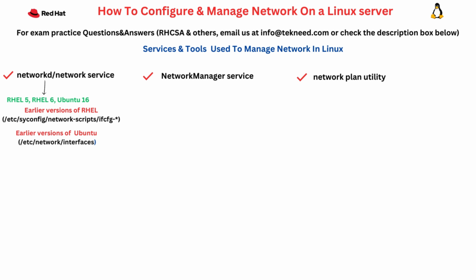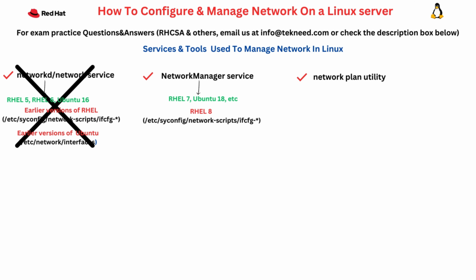As higher Linux distributions came by, the likes of RHEL 7, Ubuntu 18, and others, the network D service was deprecated and the Network Manager service was adopted. Red Hat still maintained the network configuration file for the Network Manager service in /etc/sysconfig/network-scripts.